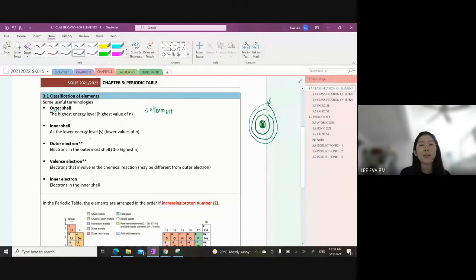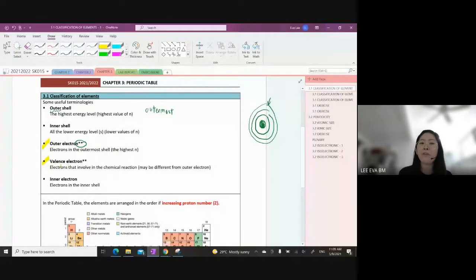After that, you also need to know what is the outer electron. Madam put a highlight over here with a double star to indicate outer electron and also valence electron. These two terminologies mean two different things. Sometimes they can be the same, sometimes they will be different. Let's look at the definitions here. Outer electrons are the electrons in the outermost shell with the highest n value.